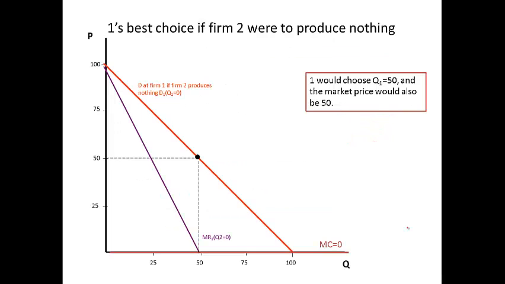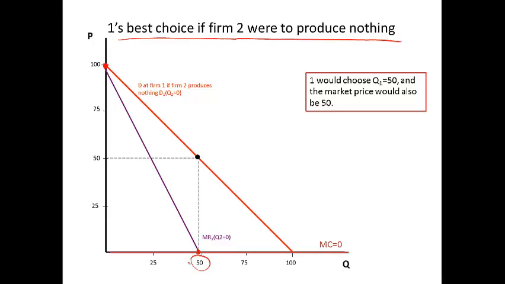Here it is in pictures, and this is a very familiar picture for us. This is just a picture of firm 1's best choice if firm 2 were to produce nothing. Well, if firm 2 were to produce nothing, then first of all, firm 1's demand curve is P equals 100 minus Q1, so this red line is that demand curve. Firm 1's marginal revenue curve is the purple line, has the same intercept of 100, comes down with twice the slope, and hits the quantity axis at 50.